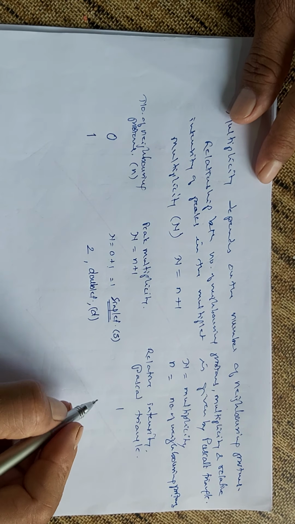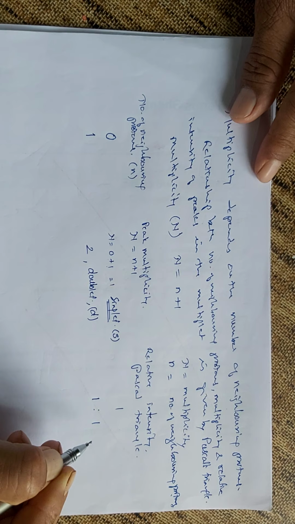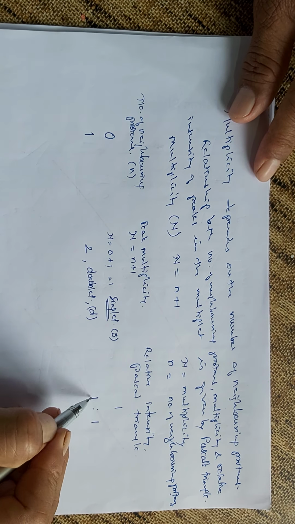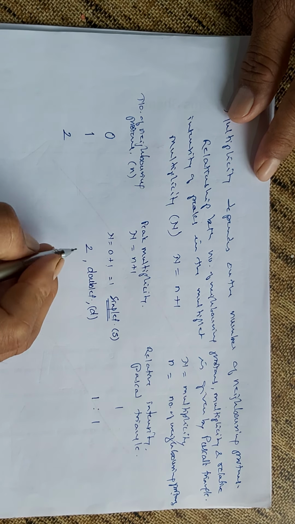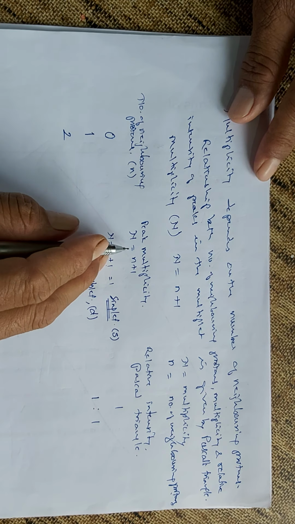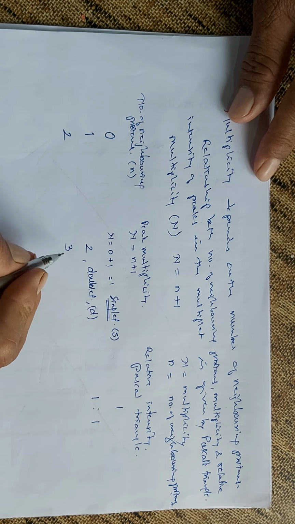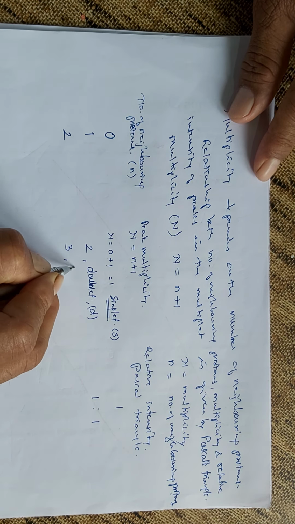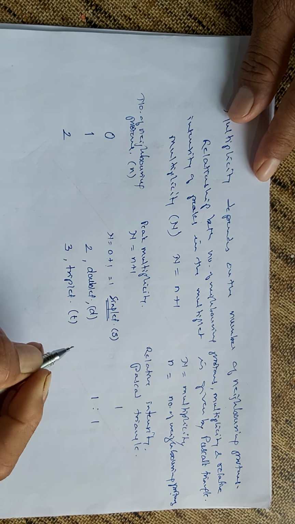And how will the doublet appear in Pascal's triangle? It is 1:1. So this 1 is carried forward, meaning it is reciprocal. If the number of neighboring protons is 2, then 2 plus 1 is equal to 3, so you will get 3 lines, that is the triplet, designated by small t.